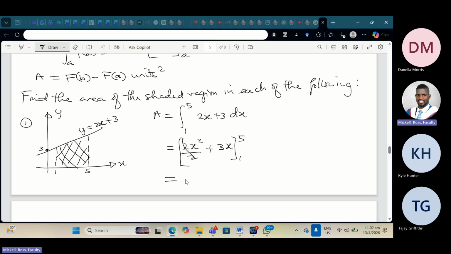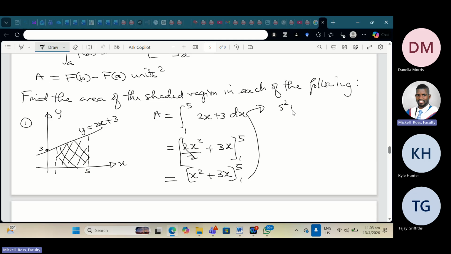These two cancel. So we'll get x squared plus 3x, from 1 to 5. So it is when x is 5 and when x is 1.